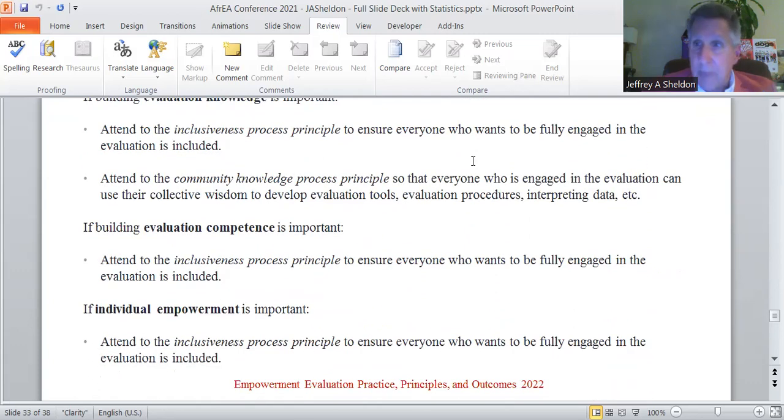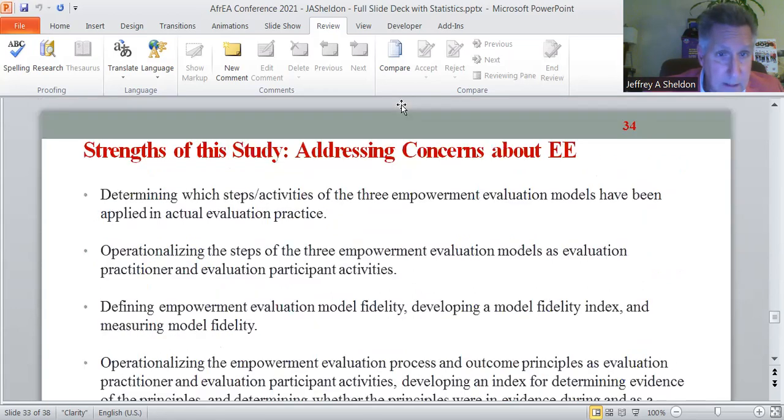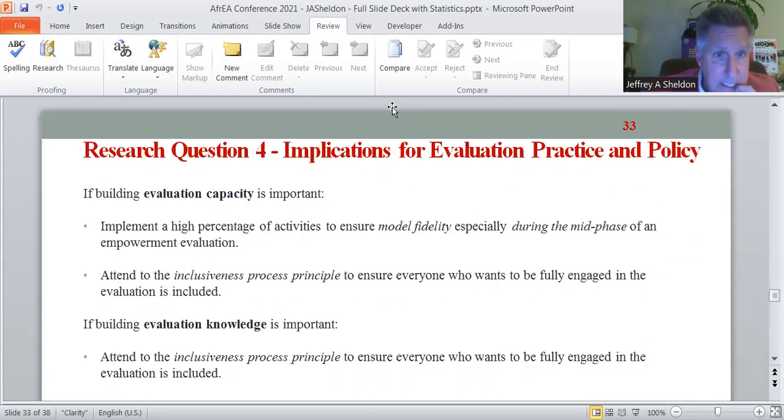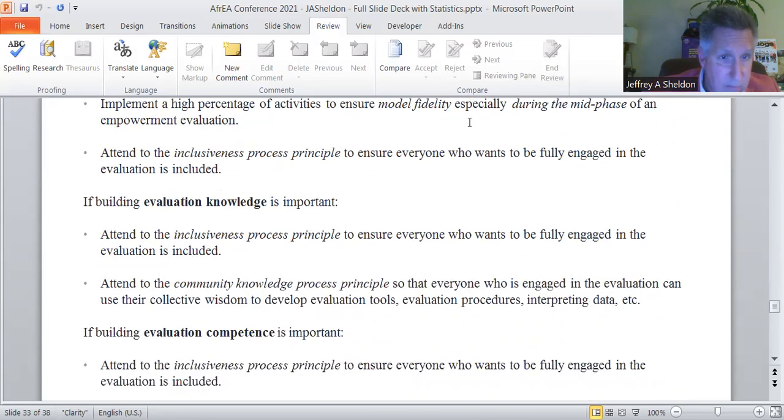If individual empowerment is important, again, it's about inclusiveness. So inclusiveness really cuts across the whole empowerment self-determination construct, but also all the sub-constructs as well. Okay, let's see. Yeah, that's right.